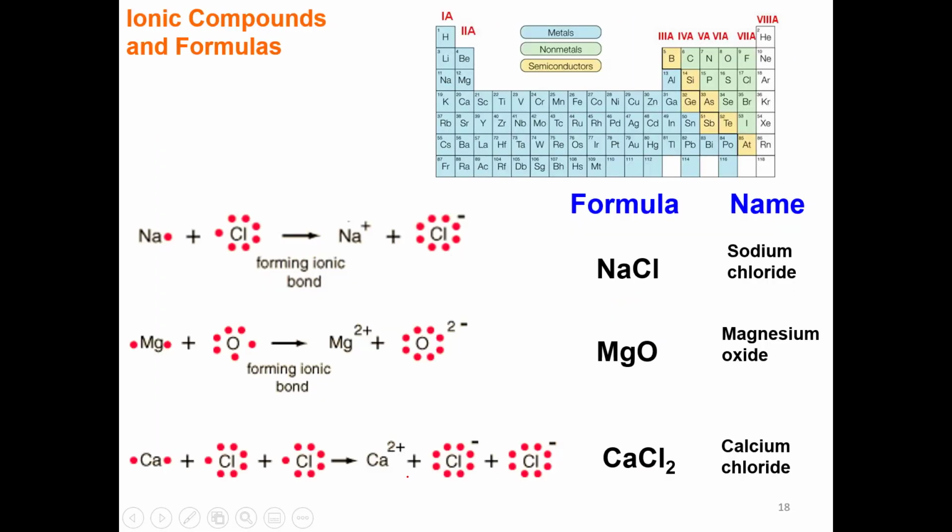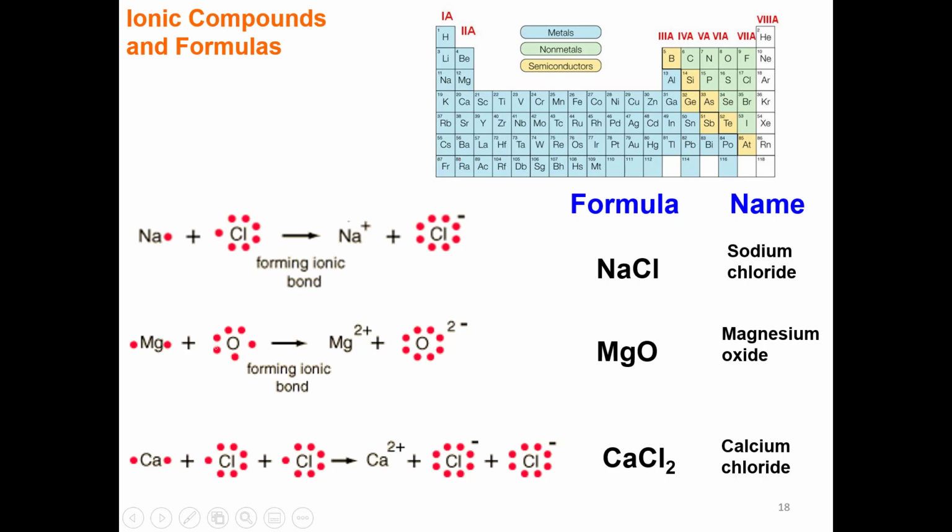Let's review again how we can write this one. We had sodium, we already did this one, sodium chloride. Let's go with the next one. Then we had magnesium. Magnesium is in the second group, so it has 2 electrons in the last shell. This is why magnesium has 2 dots here, because it's in the second group.